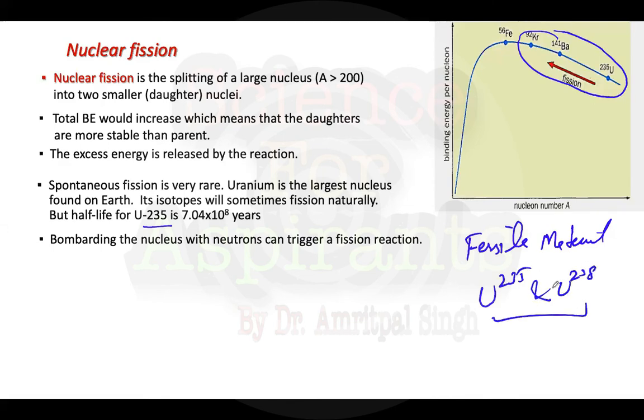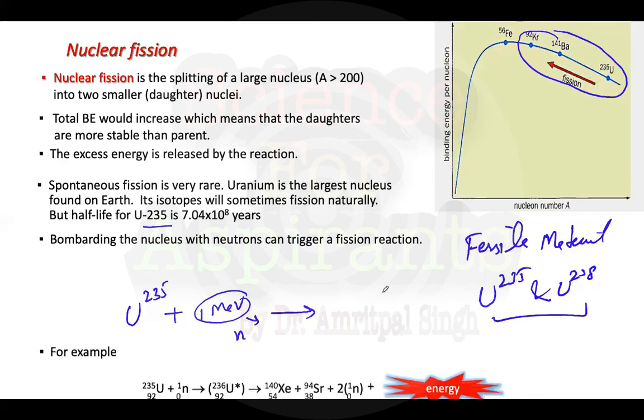Otherwise, uranium 235 can trigger nuclear fission even with a neutron having 1 mega electron volt of energy, and that is very difficult to control. That's why we generally mix the fissile material with uranium 238 in order to make a controlled nuclear fission reaction.